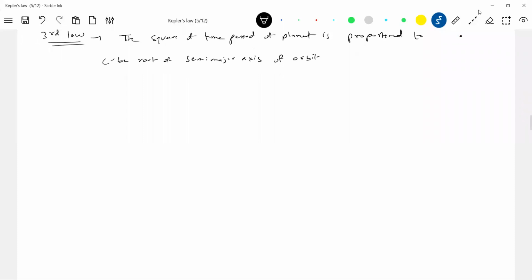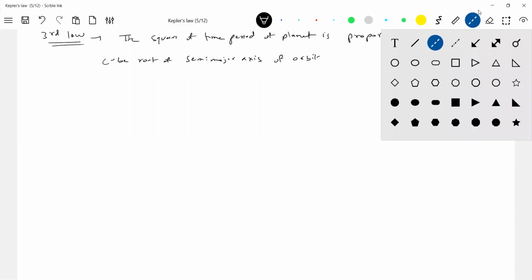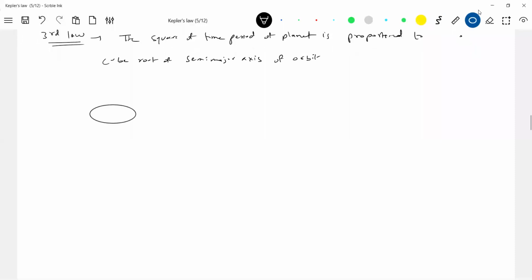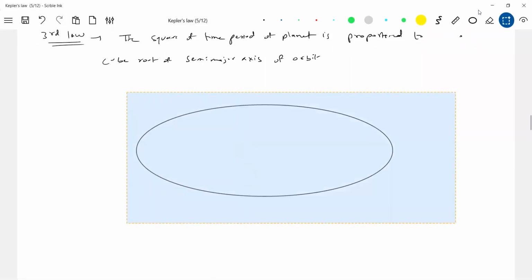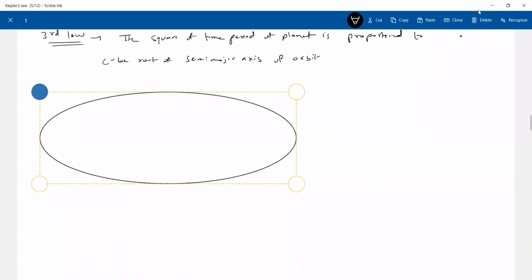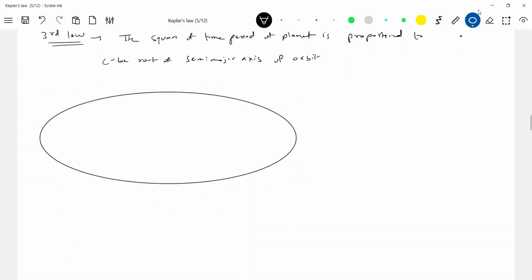So again, let me take the elliptical orbit. Cube of the semi-major axis, okay, fine.